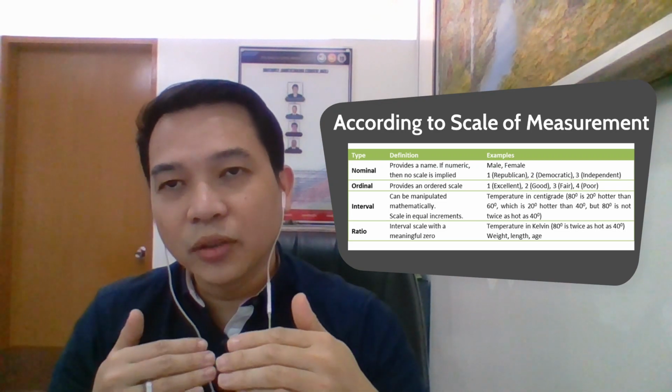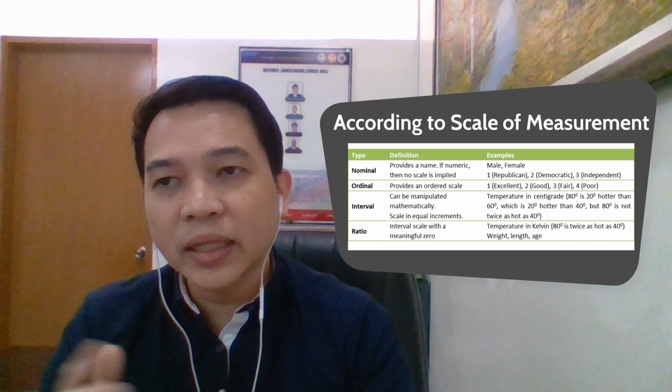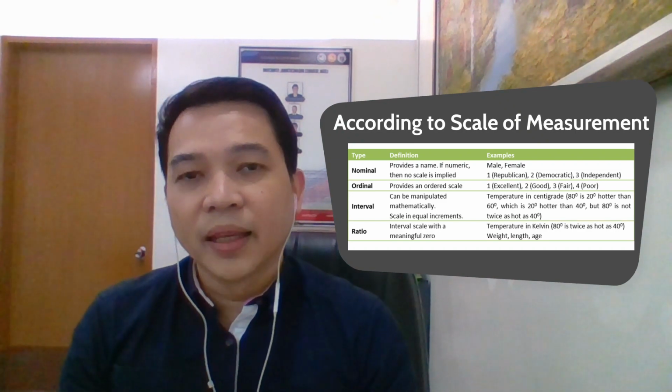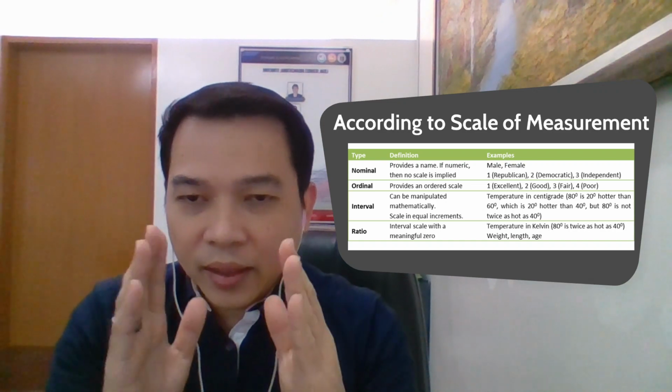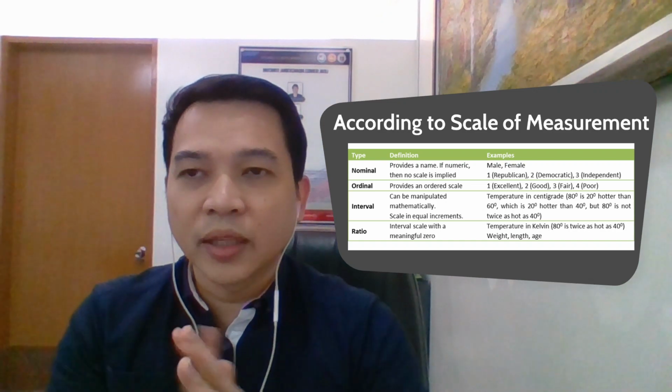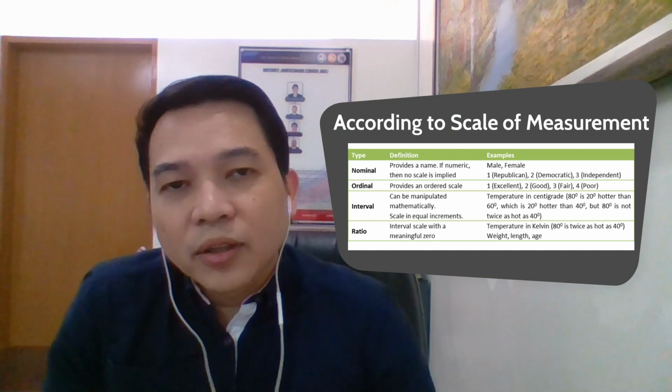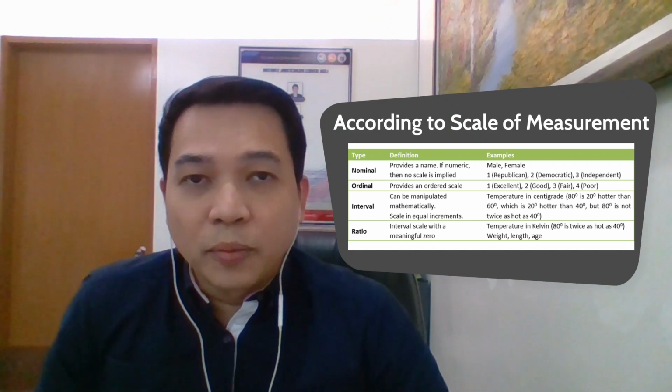But when you ask them to rate from highest to lowest or first to last, then you're asking for ordinal data from them. And when you're only using labels, or distinguishing them by gender or simply categorical terms, then you're using nominal data.